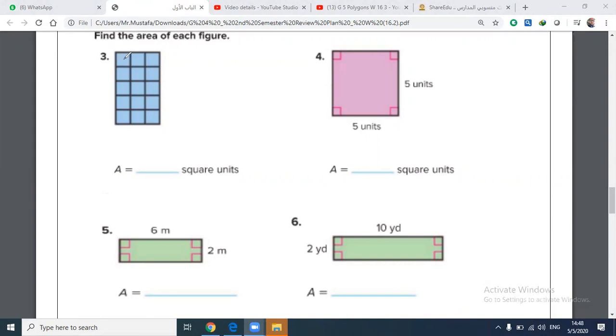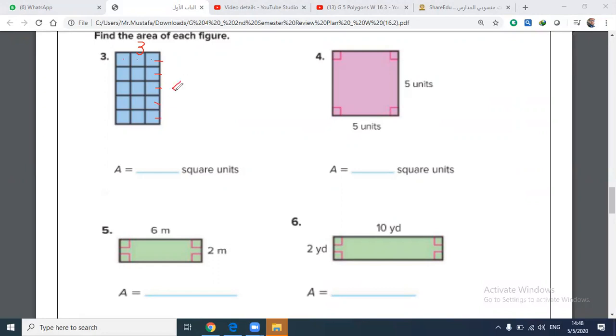I can find its dimensions. I count 1, 2, 3, so the width is 3, and the length 1, 2, 3, 4, 5.